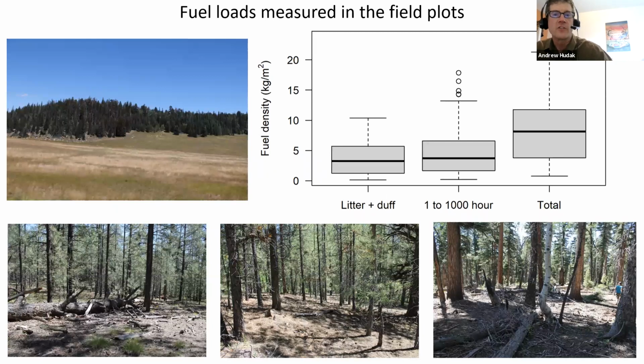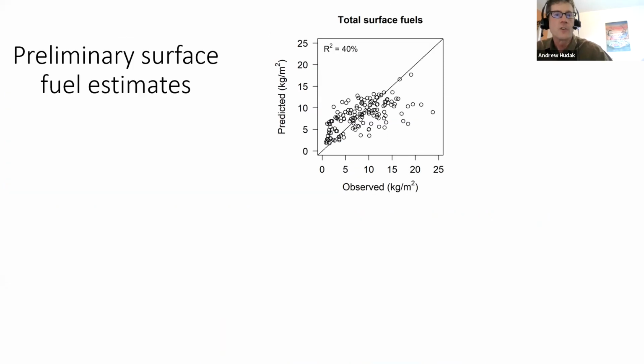And so this is another representation of that variability in these box plots. And then from my 2016 site visit, I have a pretty good idea of the conditions that are out there because we went to both ponderosa pine and mixed conifer forest to see what it looked like. So some preliminary models, we found that we could actually explain 40% of variance in the total surface fuel load, which is encouraging.